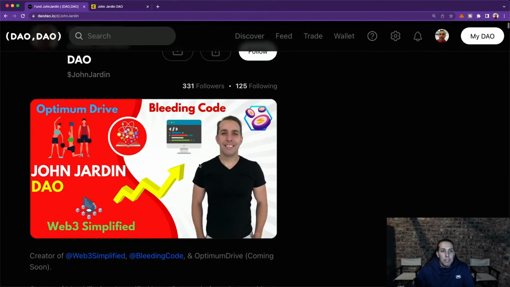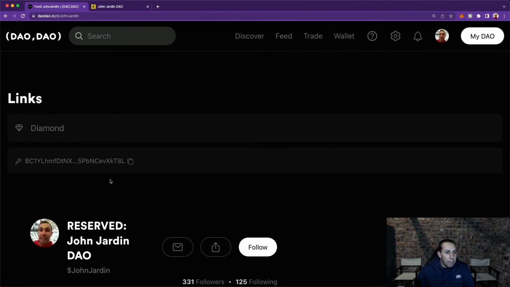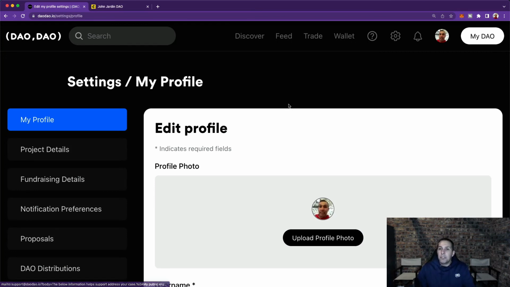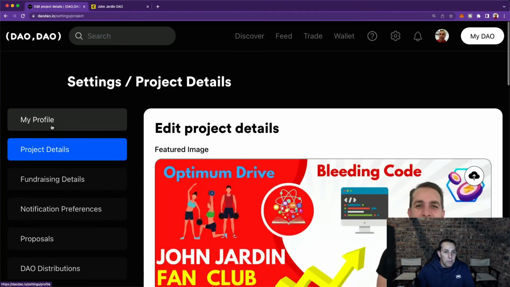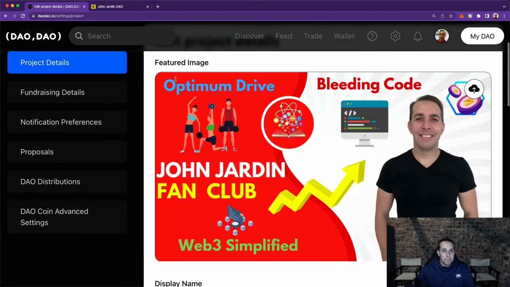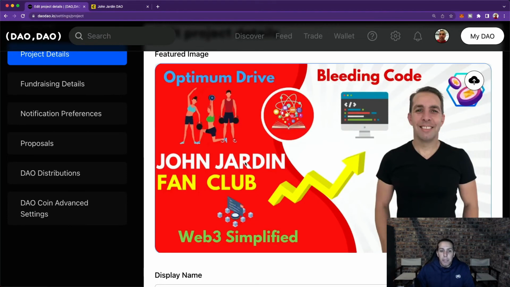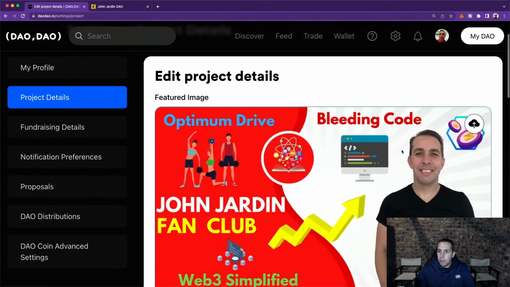So what we're going to do now is go to the settings of this DAO and start setting it up so that it can do what I need it to do in order to reward everyone I need to reward. If I go to my project details, it already brought through an image, and this is not right.